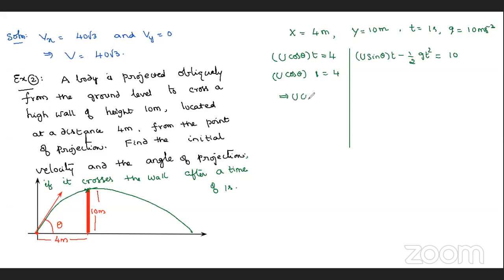That implies u cos theta equals 4. And u sine theta into 1 minus half into 10 into t square, which is 1, equals 10. So 5 is taken to the other side, 5 into 1 is 5, so u sine theta equals 15.